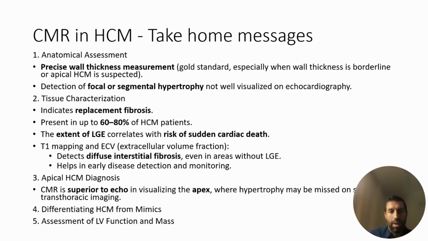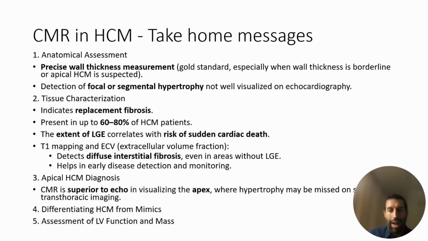It's excellent in detection of focal or segmental hypertrophy, not well visualized on echocardiography. It's a unique tool for tissue characterization and indicates replacement fibrosis, present in up to 60 to 80% of hypertrophic cardiomyopathy patients.